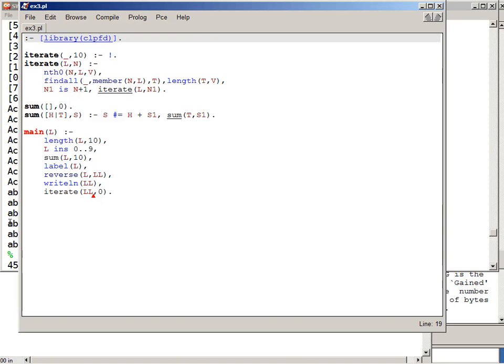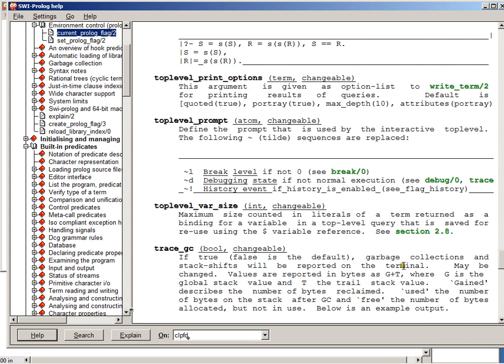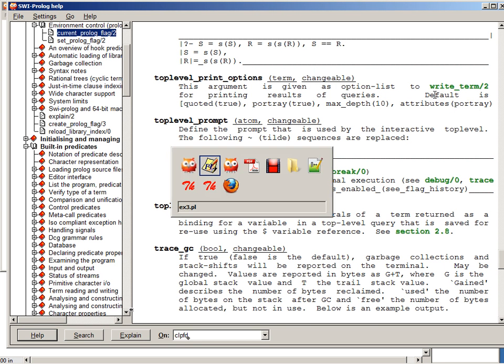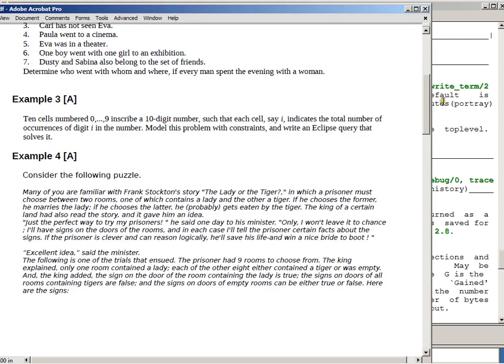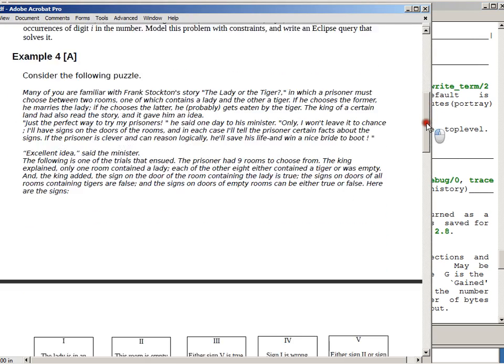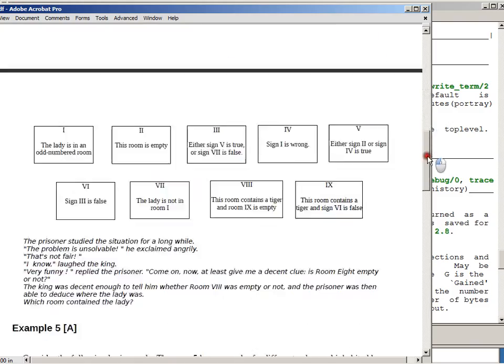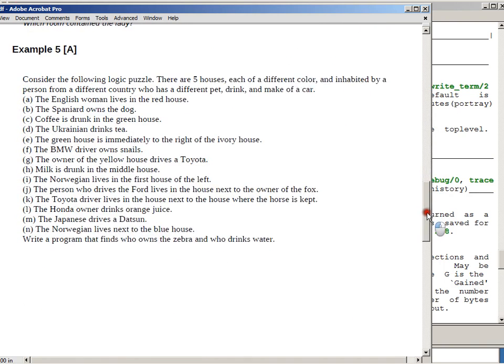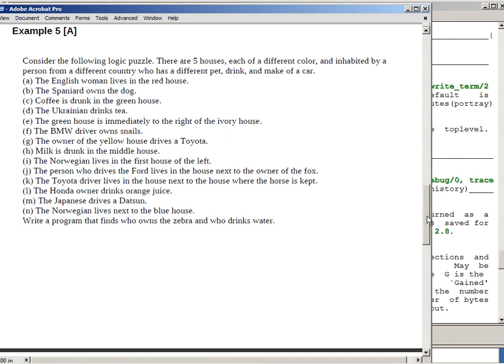Okay, we move on to the next question. Exercise. So the next one is very interesting. It's a famous puzzle. I think it's an adaptation after Lewis Carroll. And it's a very typical one, right?